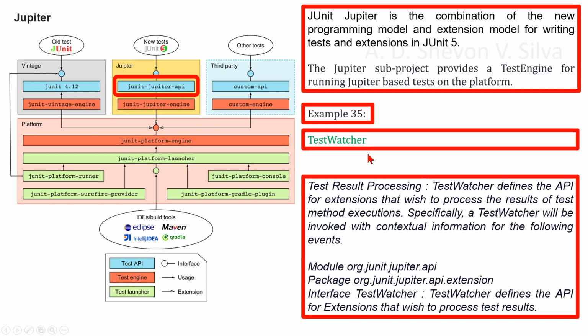Interface TestWatcher in package org.junit.jupiter.api.extension in module org.junit.jupiter.api. TestWatcher defines the API for extensions that wish to process test results. testDisabled is invoked after a disabled test method has been skipped. testSuccessful is invoked after a test method has completed successfully. testAborted is invoked after a test method has been aborted. testFailed is invoked after a test method has failed.